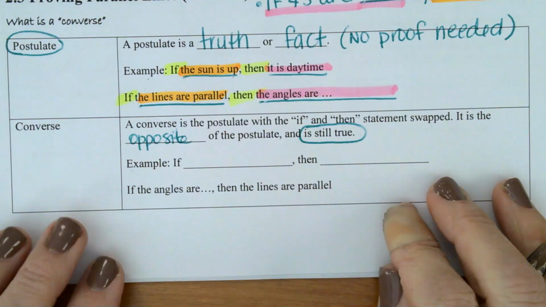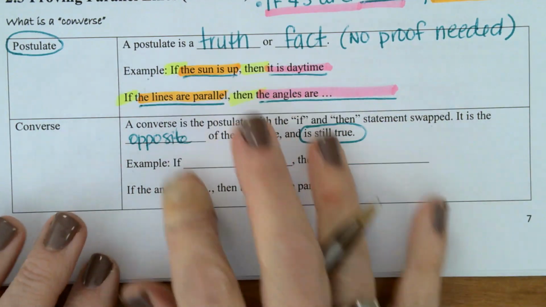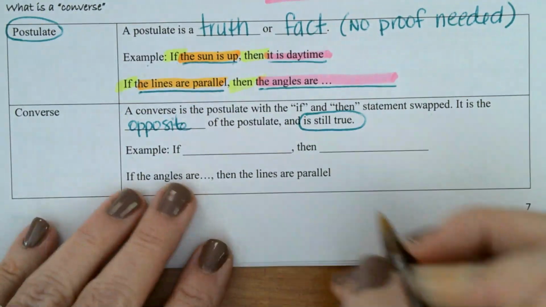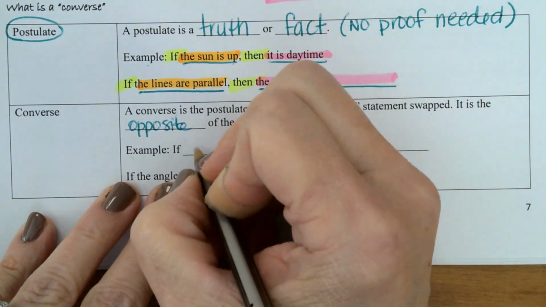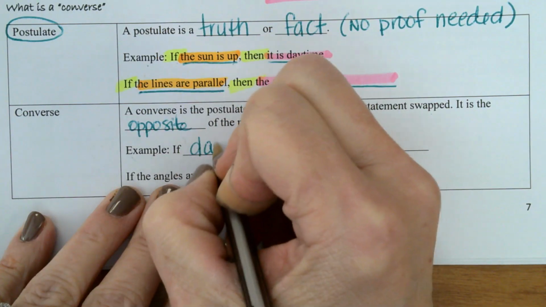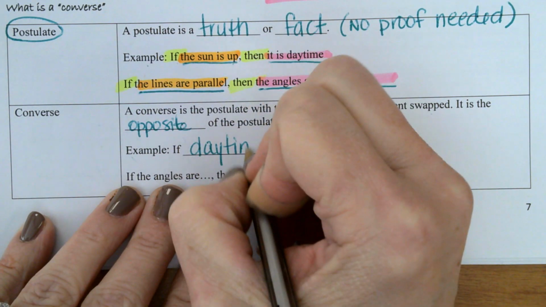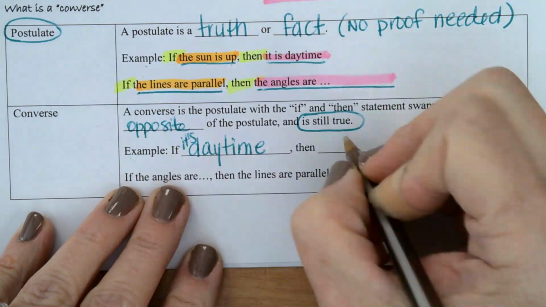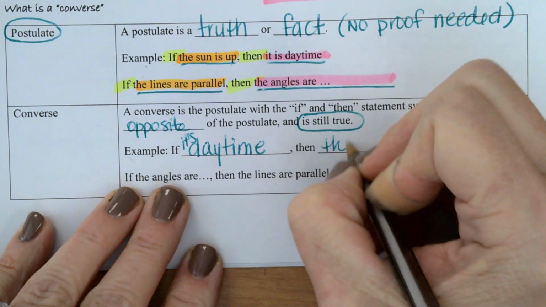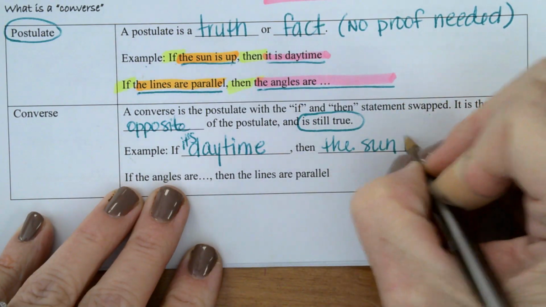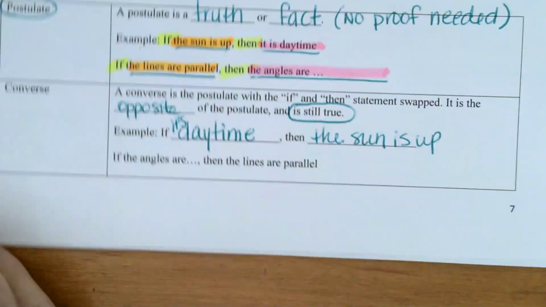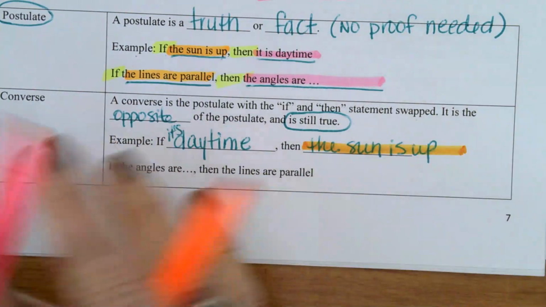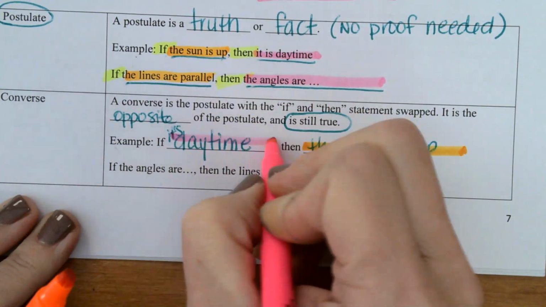And I'm going to give you an example of when you use a converse and it's not true. Okay, so if it is daytime, then the sun is up. Okay, so all I did was I just flip-flopped this.